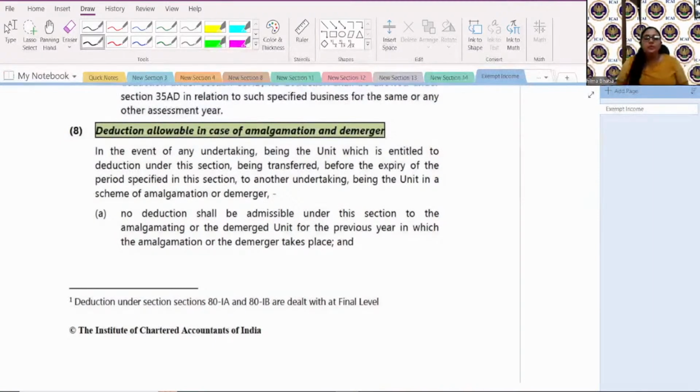Or if the amalgamation or demerger happens, then the resultant company, which is the amalgamated company, or the resultant company in case of demerger, will claim the deduction, not the amalgamating or the demerged unit. जो नया entity born हुआ है, they will claim the deduction in the year when amalgamation or demerger takes place. पुराना entity will not claim the deduction in the years when amalgamation or demerger takes place. Clear?